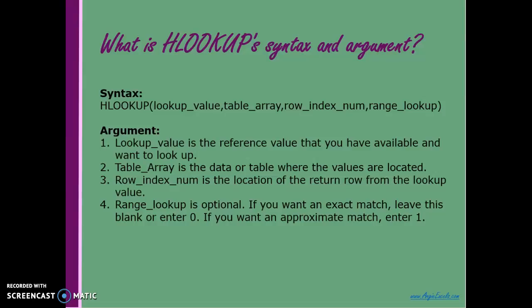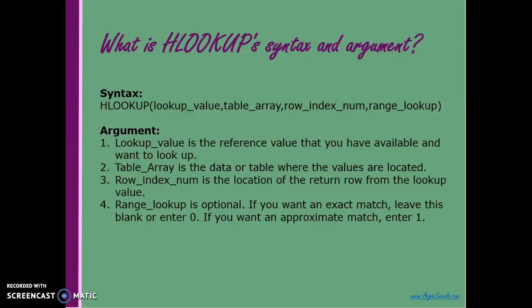That's where your return value is. Going back to the phone book example, if your row 1 is full of names and your row 2 is full of phone numbers, your lookup value is in row 1, but your return value is in row number 2.